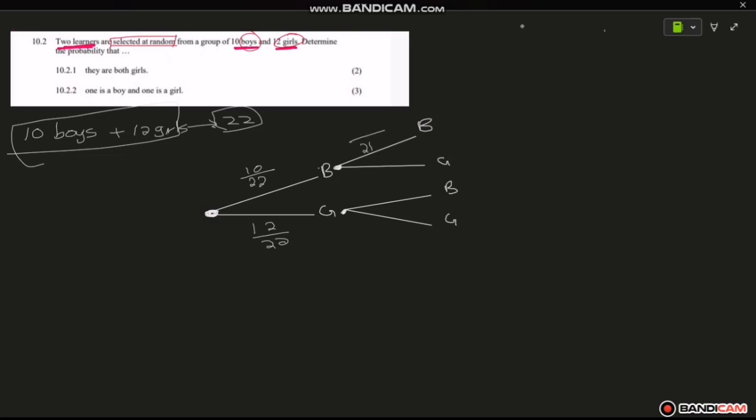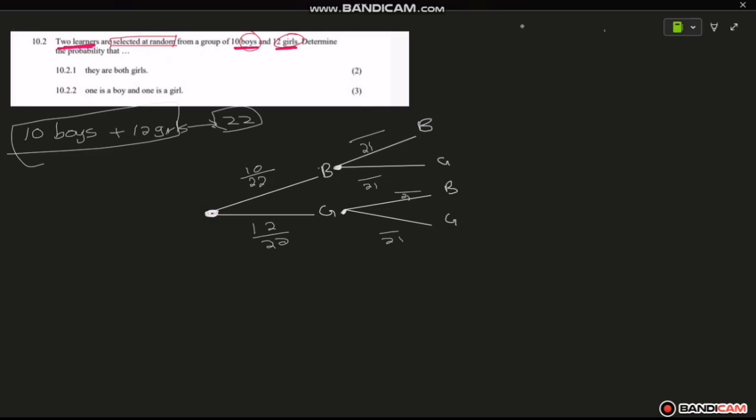Then here we're going to write 21. Why? Because we selected and we're not returning them, but we're taking these two learners out. Then it will be 21. Let me just write it down here. 21 and 21.